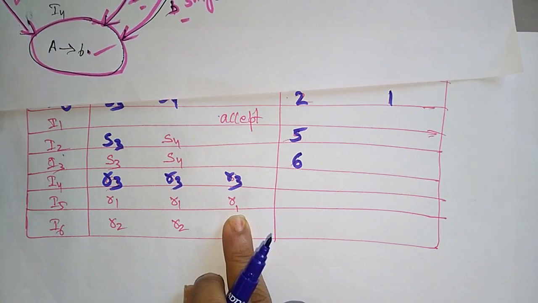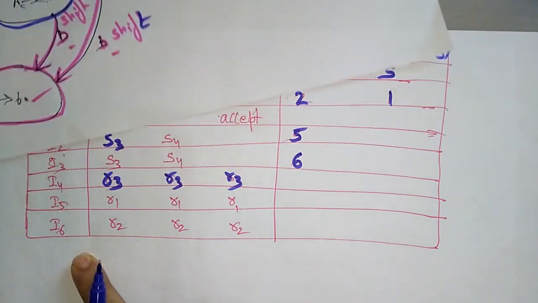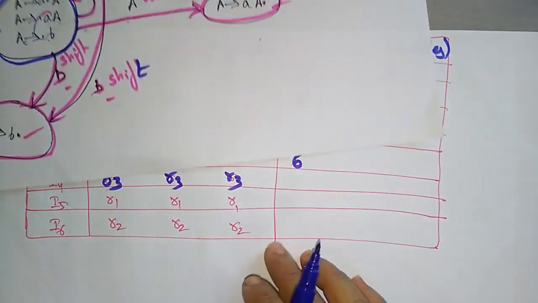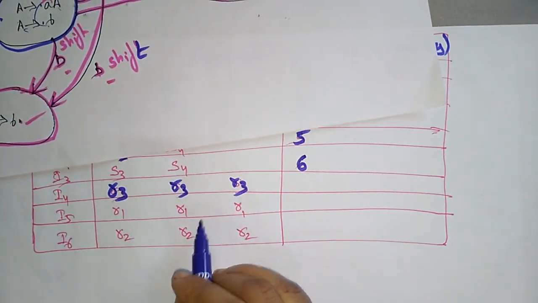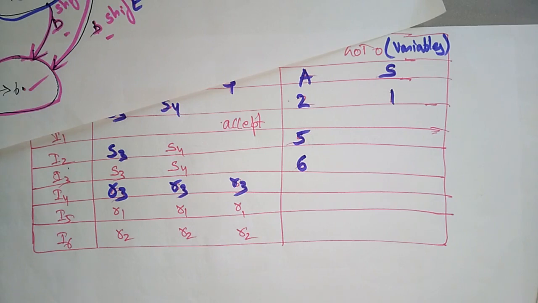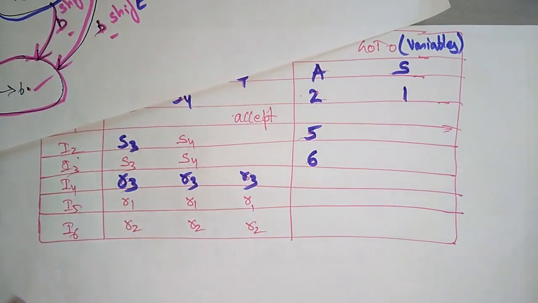Okay. So next I6. After I6, there is no state. So why did I take R3, R1, R2 only? Why am I particularly taking only those numbers? Let's see that.